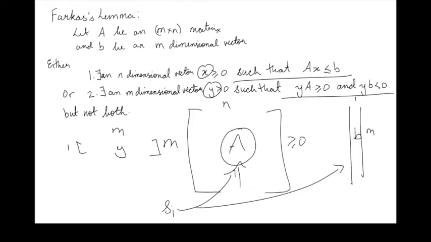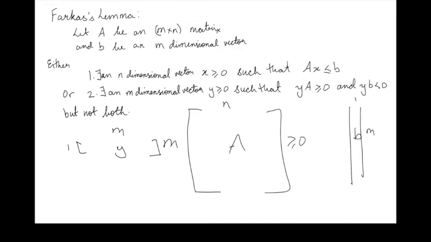If we have the X, I'm going to show you that that X can be translated into a mixed strategy that dominates SI. If we have a Y, I'll show you how to use that Y to create a belief such that SI is a best response to the belief that we create using Y.